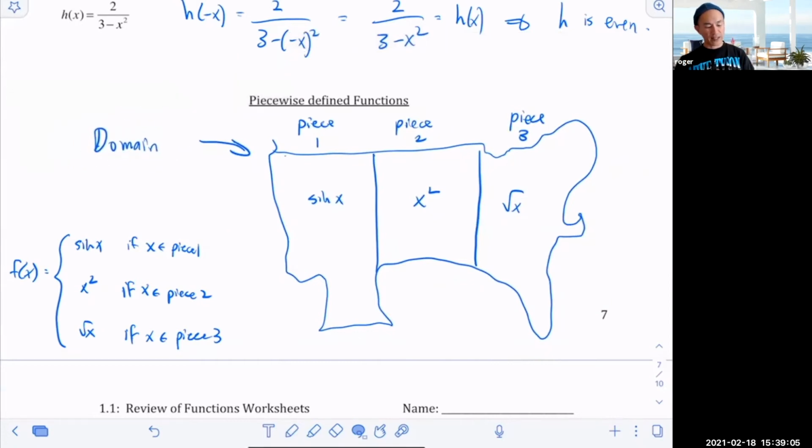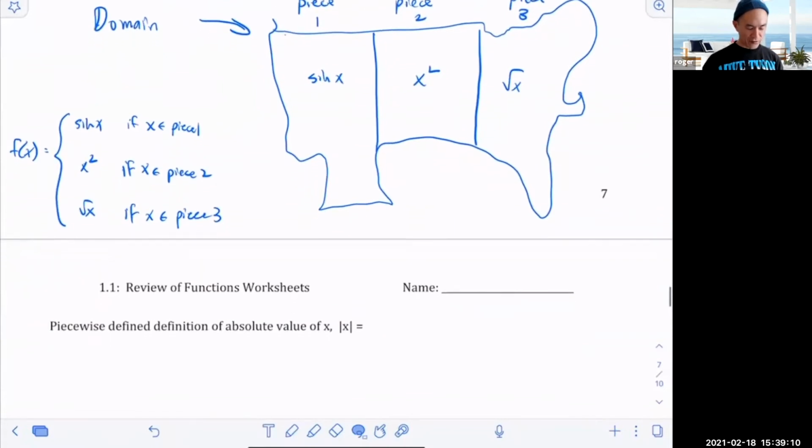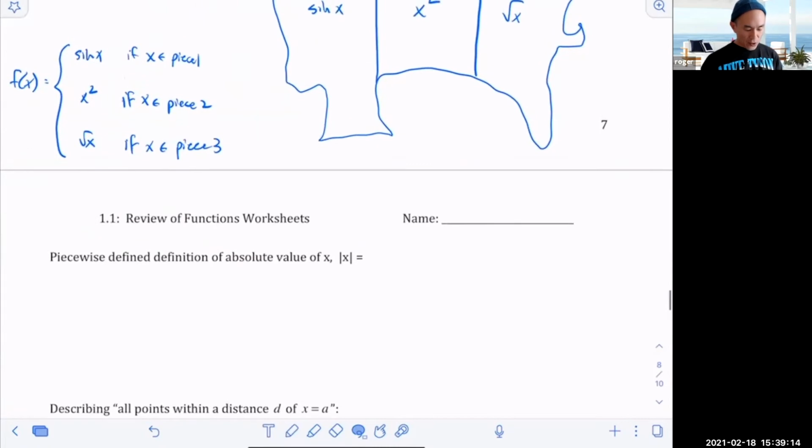Okay. So obviously we're not going to draw maps like this. We're going to give a mathematical description. The most famous piecewise defined function that we work with is absolute value. So this is important.